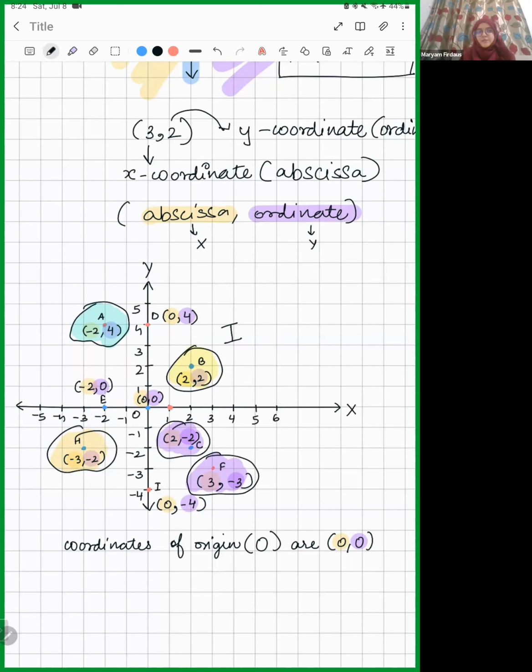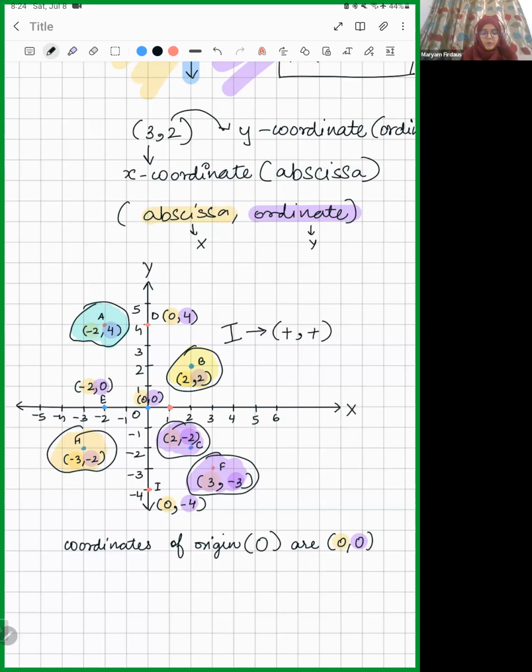The point which lies in the first quadrant, look at both of its coordinates, both abscissa and ordinate. Both of them are positive. So any point that lies in the first quadrant will be positive, positive. Both of the coordinates will be positive.